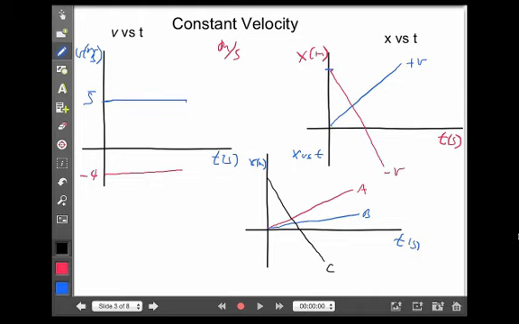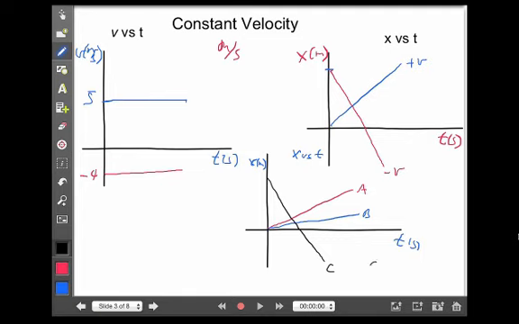You might be tempted to think, oh, it's A, because A clearly has a steeper slope than B and is in the positive direction. But remember, velocity is a vector, meaning that when you ask about which one is going faster, that's magnitude, not necessarily direction. Line C here has the steepest slope. So even though it's in the negative direction, since it has the steepest slope, it must be traveling the fastest.